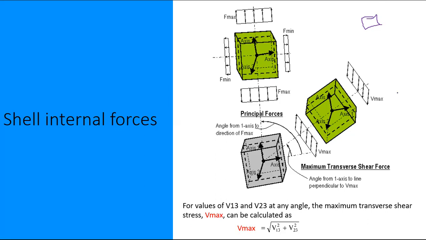Such a concept is applicable here, and you can find the principal forces. This is the original element, you rotate some amount such that you find the maximum and minimum forces, the principal forces that we see.